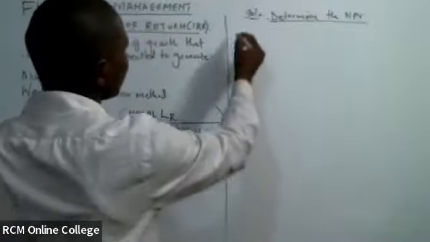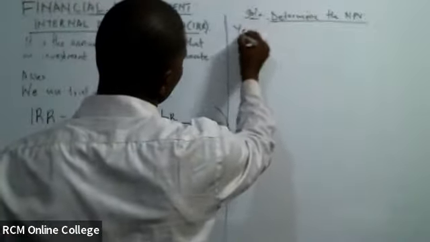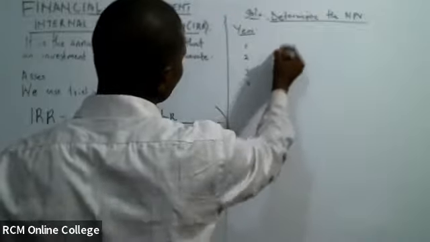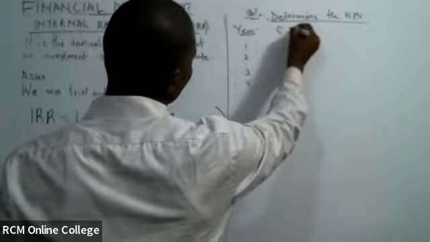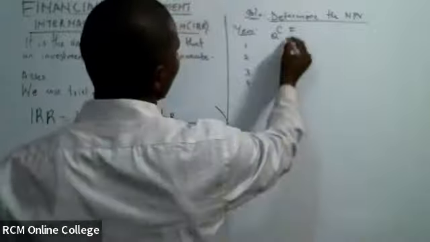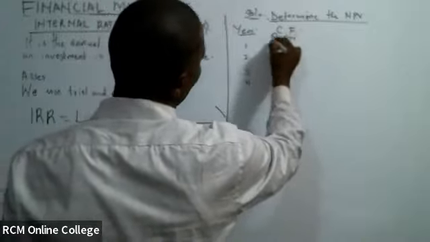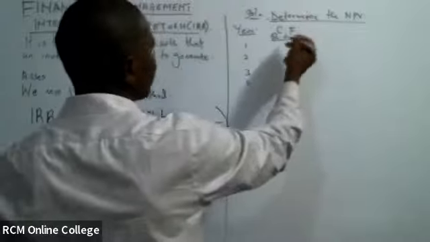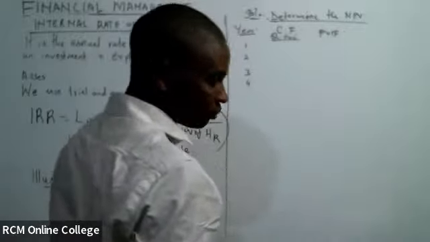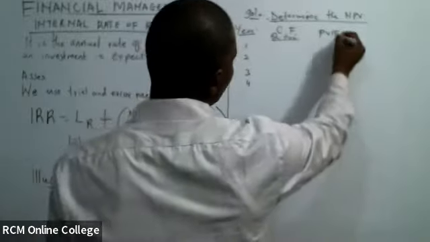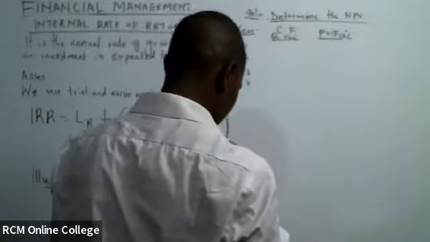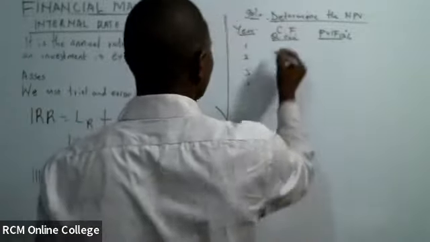So we have 4 years here: Year 1, 2, 3, 4. And we have the cash flow here. Shillings are in 1,000. Then what is our cost of capital? 12%, right? So I can have 12, 15, 9, 6.